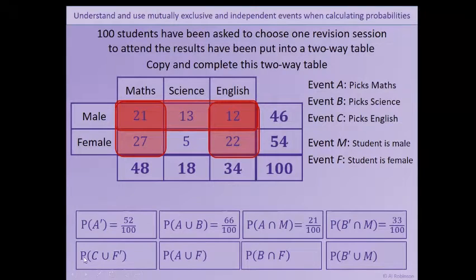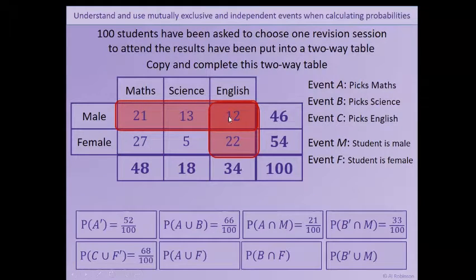No? Okay, next one. The probability of C union complement of F. So we look for the probability that the person picks someone who studies English, but they are not female. So basically male. So boys who have picked English, okay?